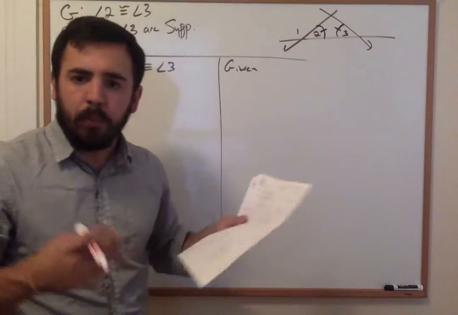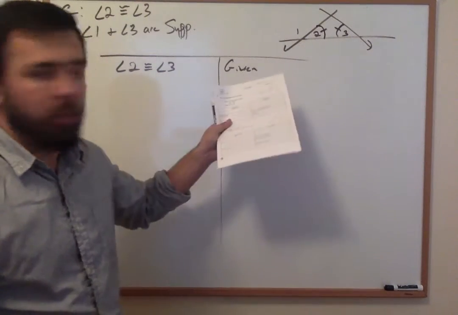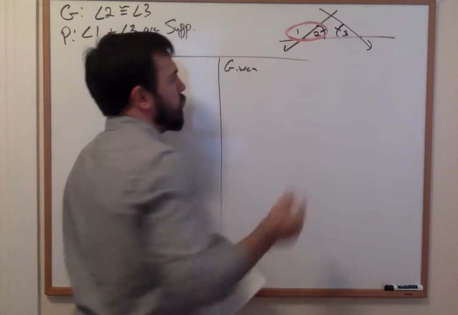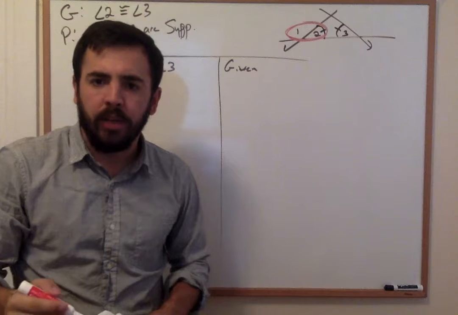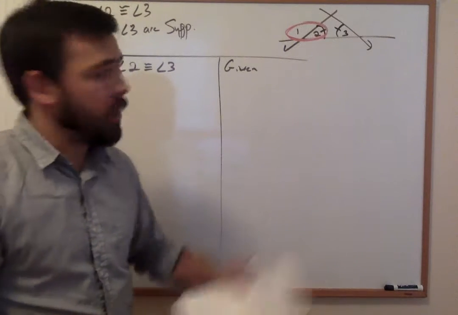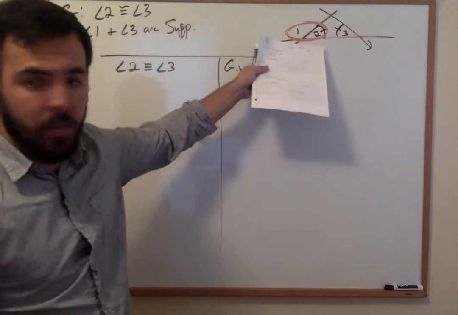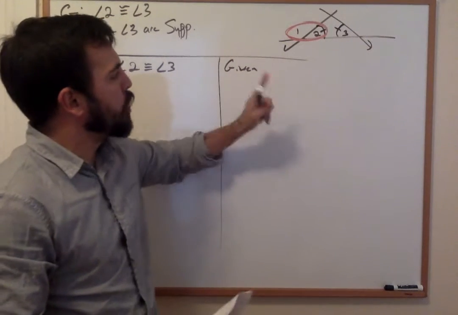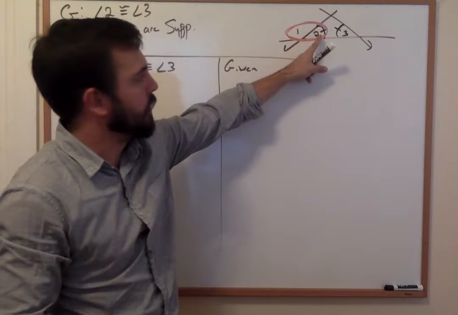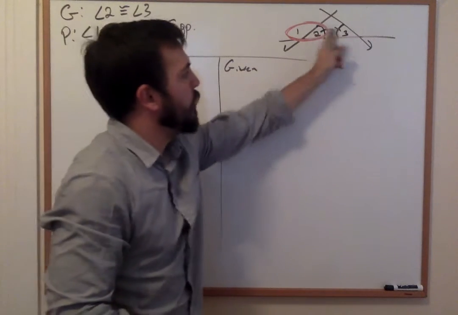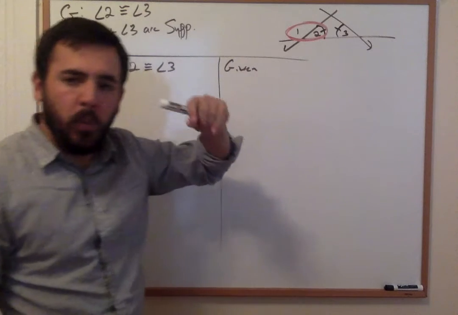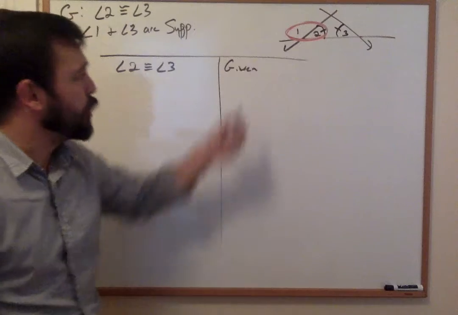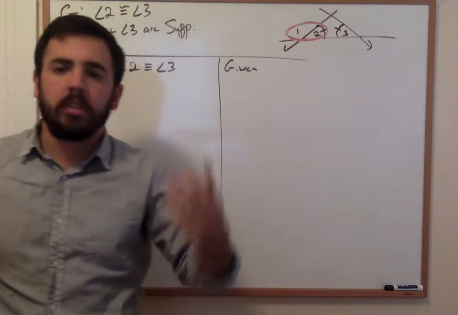Do we have any supplementary relationships? Well, yeah, absolutely. Angle 1 and angle 2, those are definitely going to be supplementary. Why? Because they are a linear pair. They're right next to each other. And therefore, if we can show that 1 and 2 are supplementary, since we know that 2 and 3 are the same, we could then replace 2 with 3 and show that 1 and 3 are also supplementary.